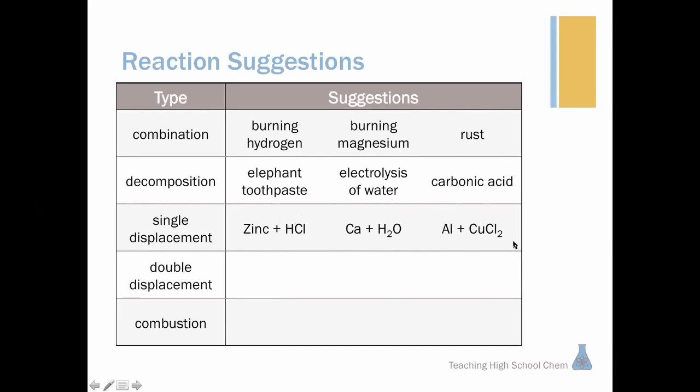But I have the kids do this one, because you take some aluminum wire, stick it in copper chloride solution, and it's going to bubble and fizz. You're going to start getting that copper forming on the outside of the aluminum wire, and you can see the solution is going to change color from blue to colorless. It's just a good reaction to show the kids.